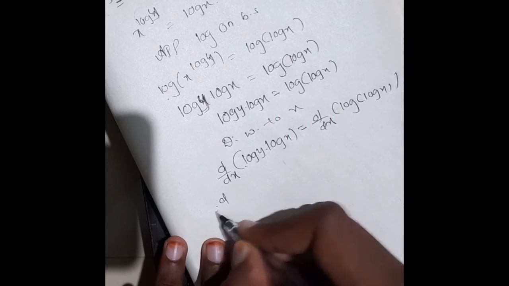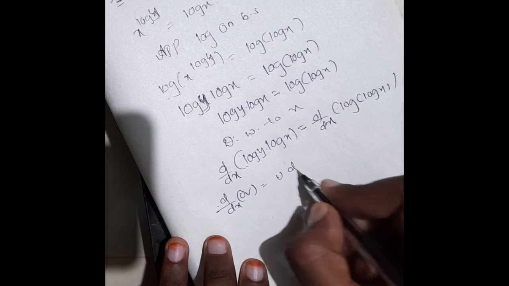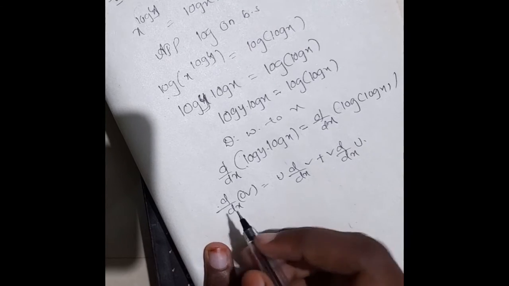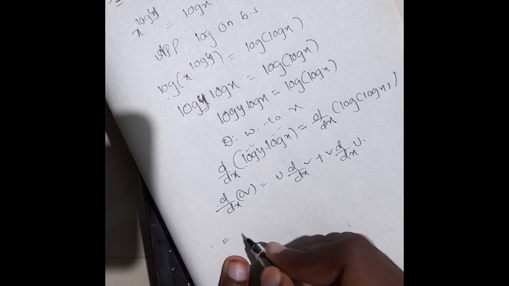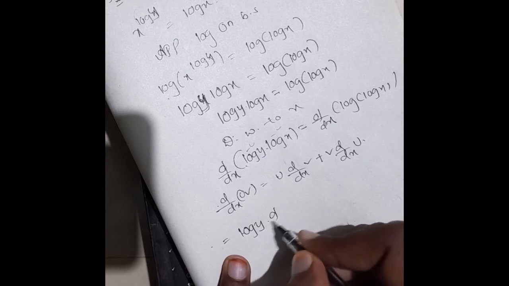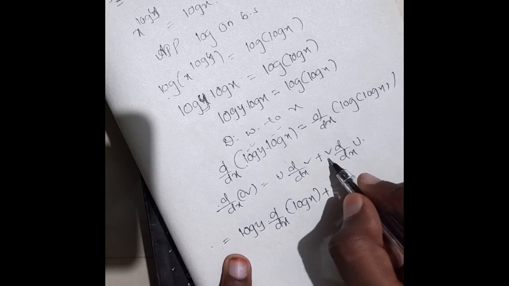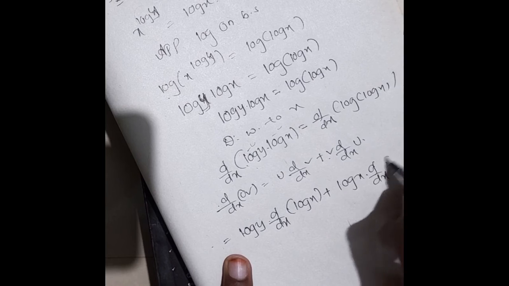What is the formula of d by dx of uv? u d by dx of v plus v d by dx of u. So now this is u, this is v. Now u means log y, d by dx of v means log x, plus v is log x, d by dx of u, which is log y.